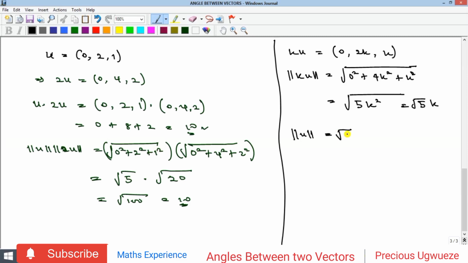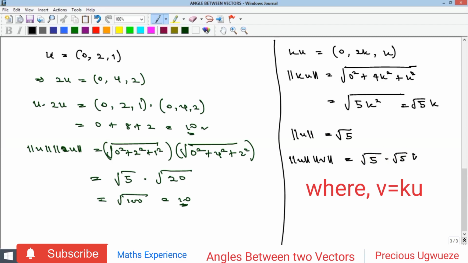So if you multiply the magnitude of u by the magnitude of ku, that will give you root 5 multiplying root 5 k, and this is going to give you 5k.